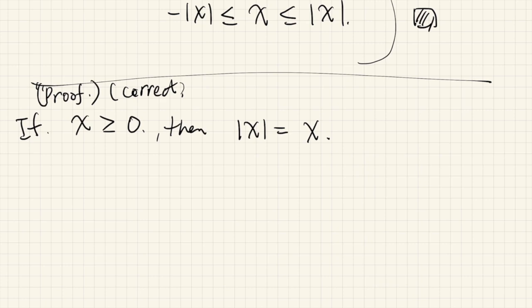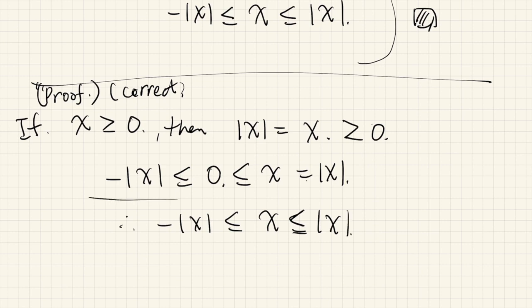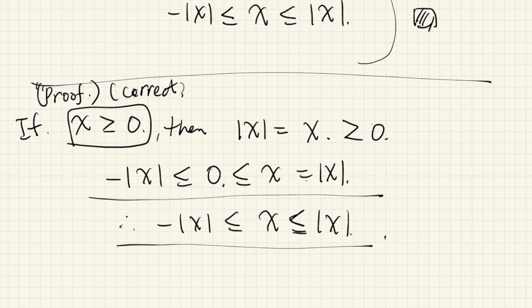Which is actually greater than or equal to 0. So negative absolute value of x is less than or equal to 0. But 0 is less than or equal to x, which is equal to the absolute value of x. Since equality is included in less than or equal, we can say this. Because of this, we have this. So this is when x is non-negative.